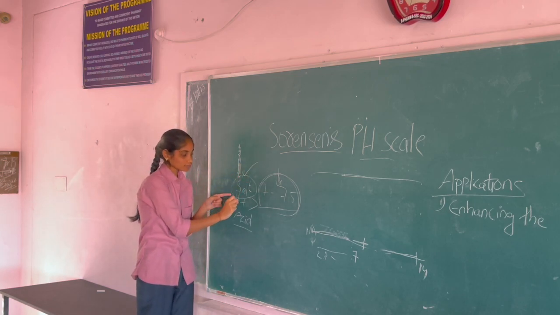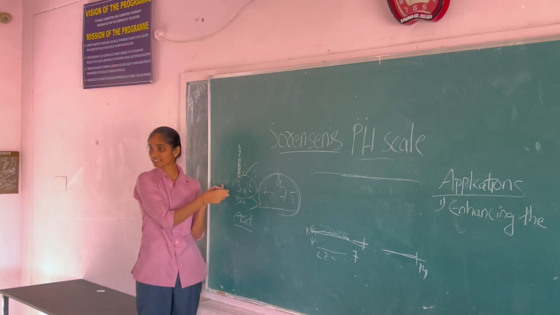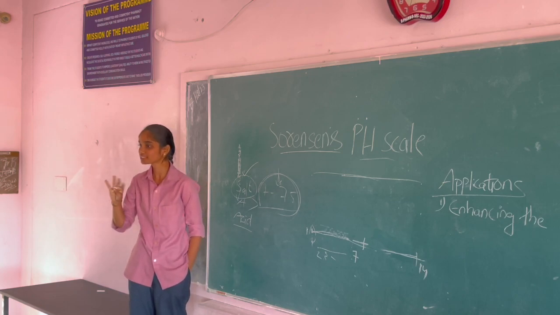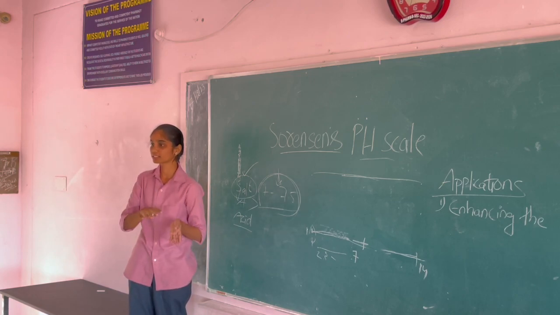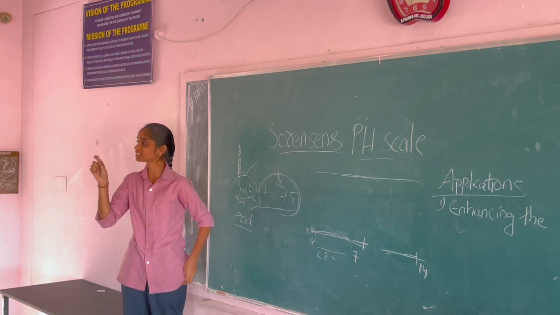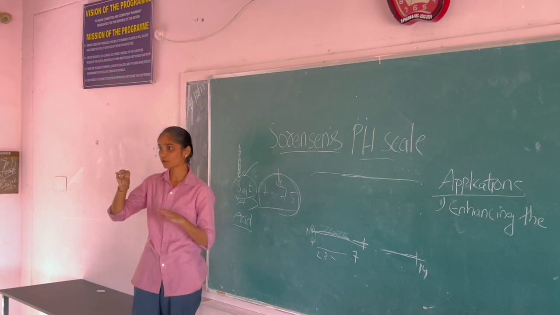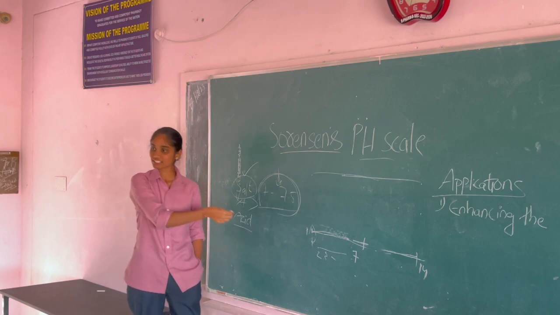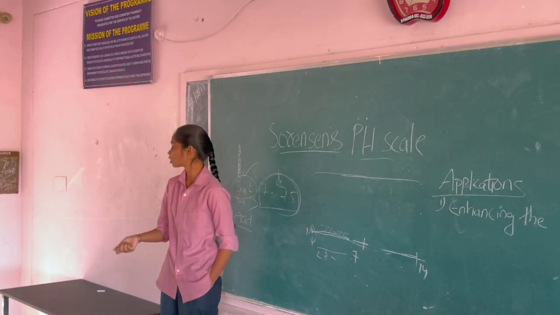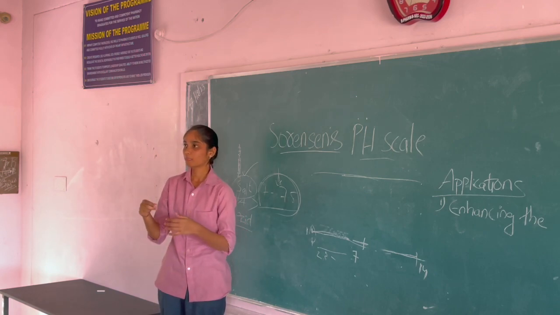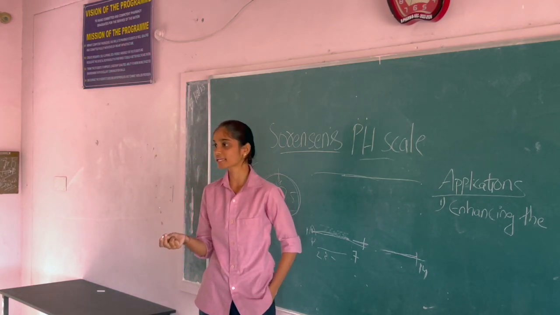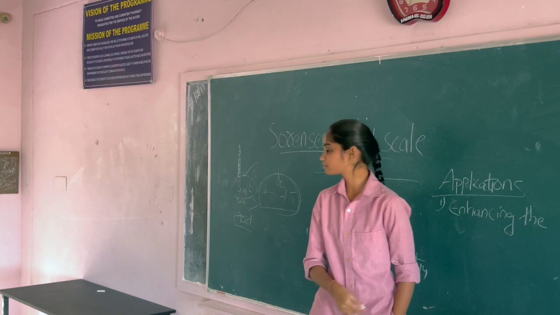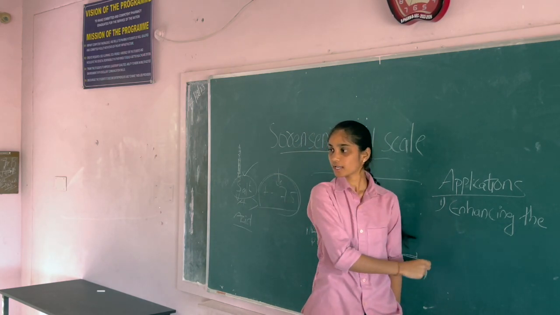Now if I increase the acidity of this sodium salicylate by adding acid, the pH of the sodium salicylate is going to change, maybe to acidic or alkaline nature, and the solubility is going to decrease. In this way, we can enhance the solubility of a drug by keeping optimum pH. This is the first application of pH: enhancing the solubility.